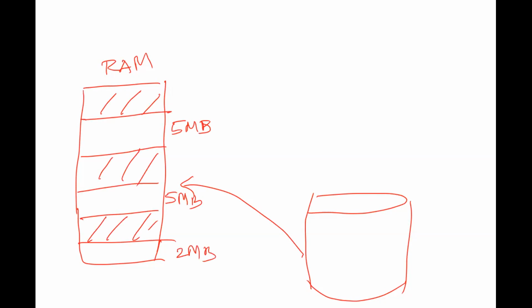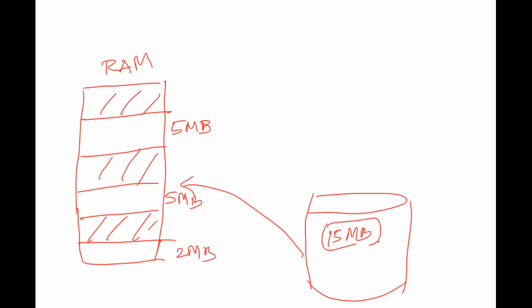Now you open another program or software, which is one kind of process. Let's say its size is 15 MB. A new 15 MB process is created.